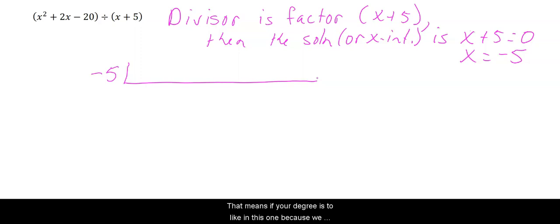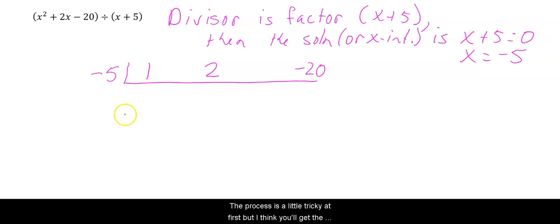That means if your degree is 2, like in this one, because we have x squared, you should have 3 constants written down. 1 is the coefficient of x squared, 2 is the coefficient of the x term, and minus 20 is the constant. They must be written in descending power of the variable. It must be the x squared coefficient first, then the x coefficient, then the constant.